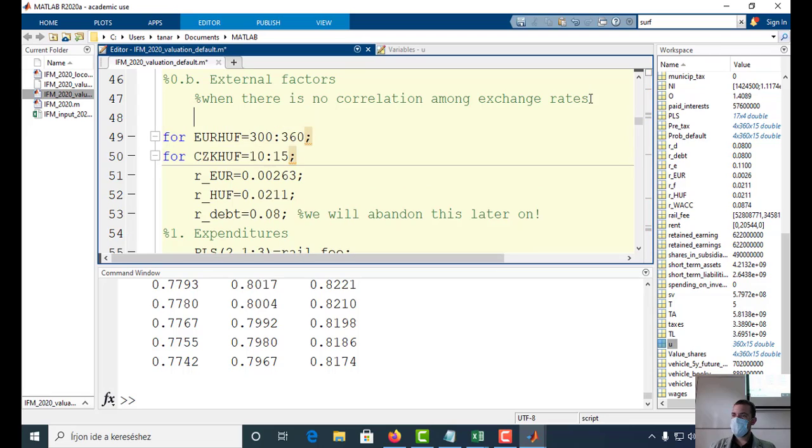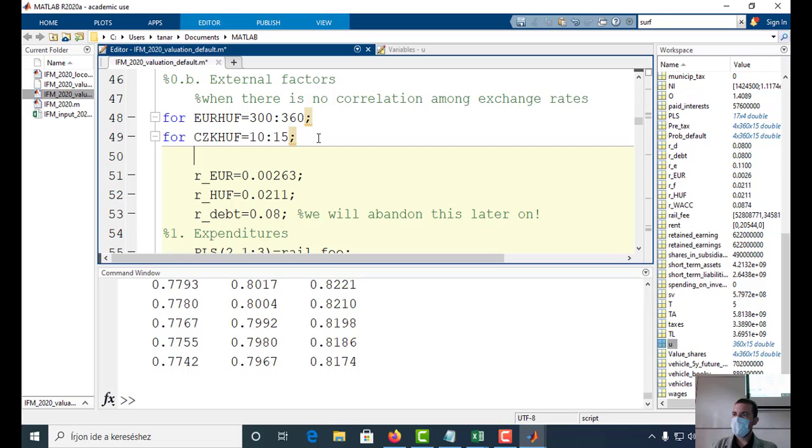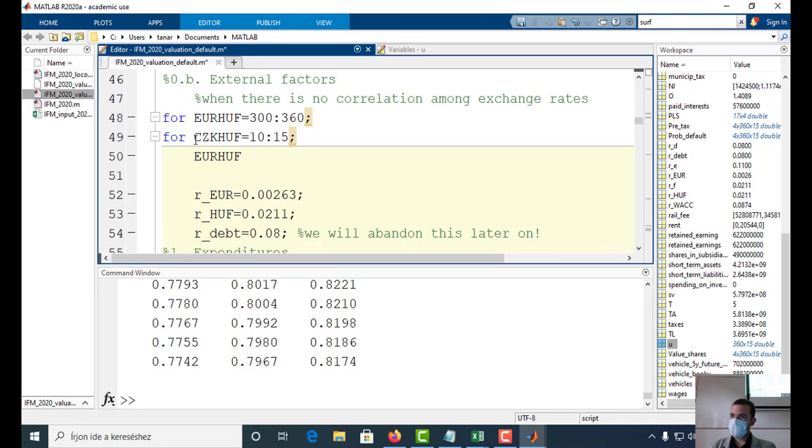So for our HUF and CZK EUR pairs we are defining exchange rate intervals, and we were walking through them.